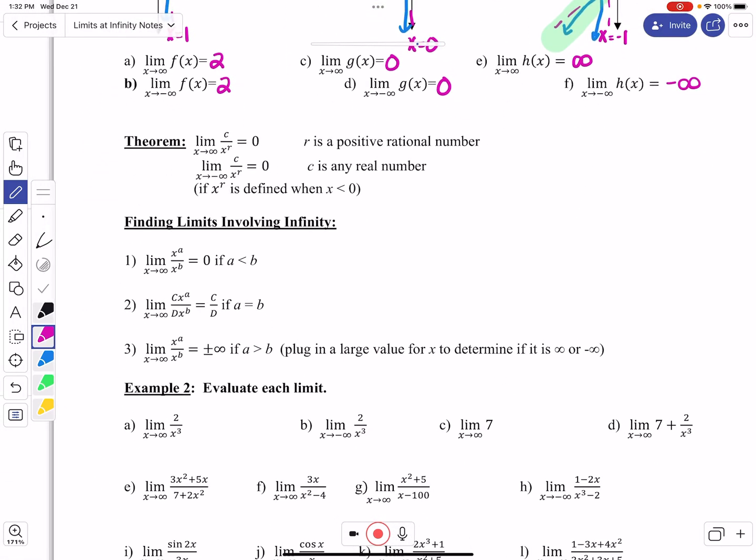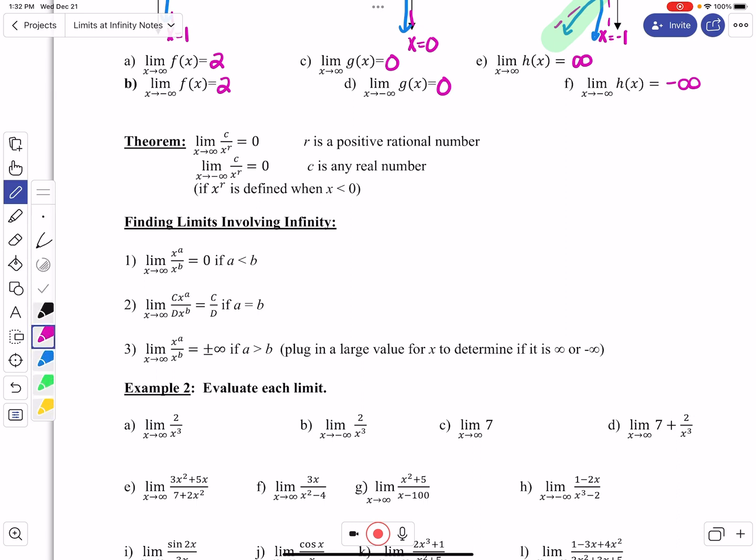Okay, so now let's look at some functions. Finding limits involving infinity, we have some theorems. If c is a real number and r is a positive rational number, if you're going towards infinity or negative infinity, your limit is going to approach 0, okay?